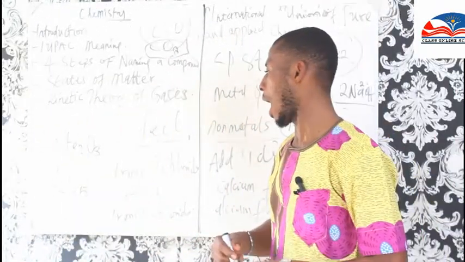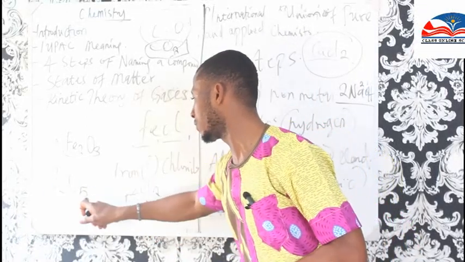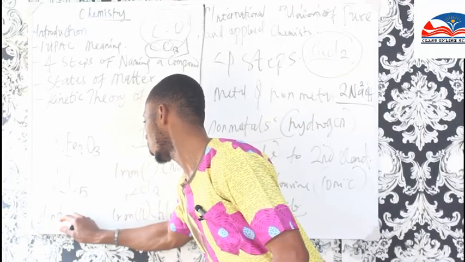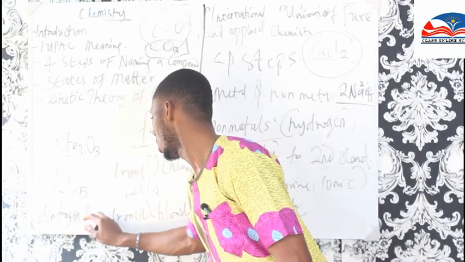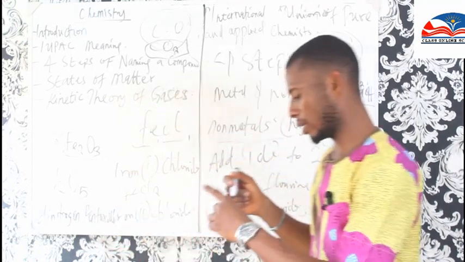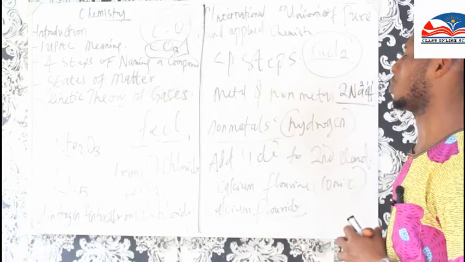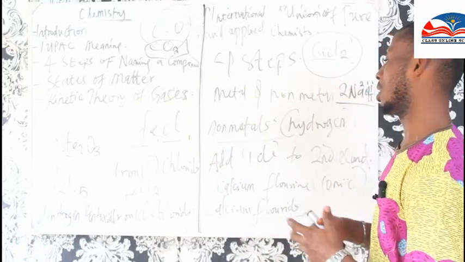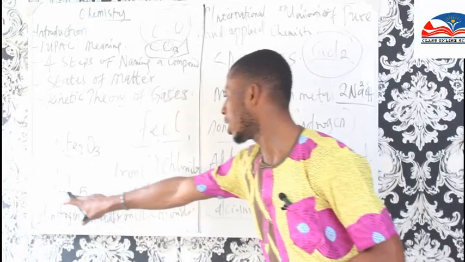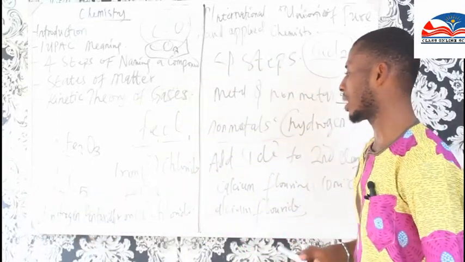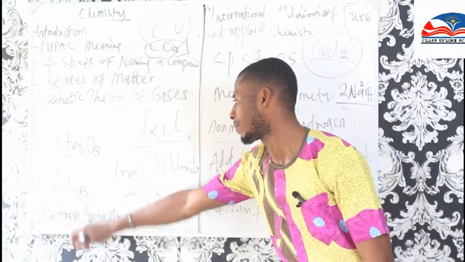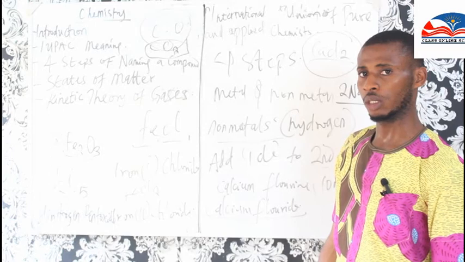But in a scenario where we have this particular element, let me say, dinitrogen pentoxide. All right, why is it dinitrogen pentoxide? Why is it not nitrogen pentoxide? Now this means that oxygen has 2 to give, but at this point it has 5 added to it.